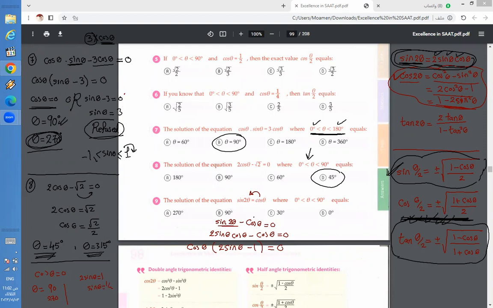The angle will be 30 and the angle will be 150. We work in the first quad only, so we take 30. This is the last problem, and this is the answer for the whole problem sheet.